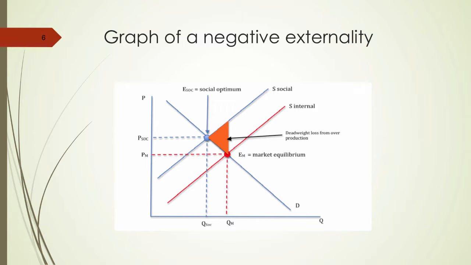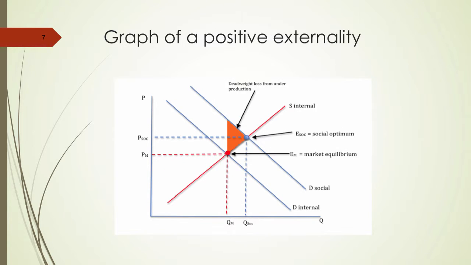Now in the case of a positive externality, we have a little bit of a different story here. Positive externalities are externalities that exist when the benefit of producing something isn't captured fully by the producer. And as a result, they don't produce as much as society would like.